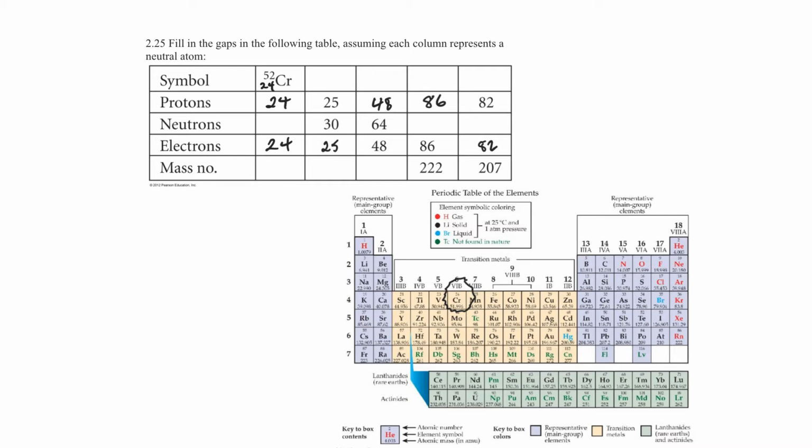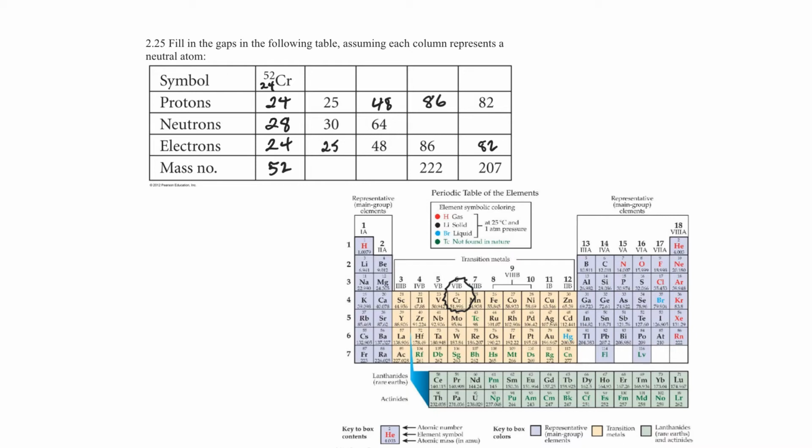Well, chromium 52 means that the mass number is 52, and the mass number is the protons plus neutrons. So if I subtract protons from 52, so 52 minus 24, I get 28 neutrons.